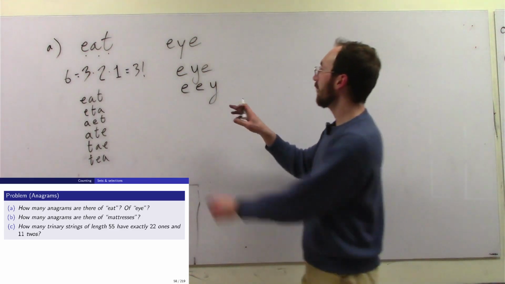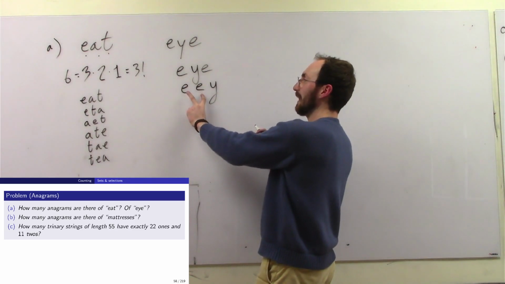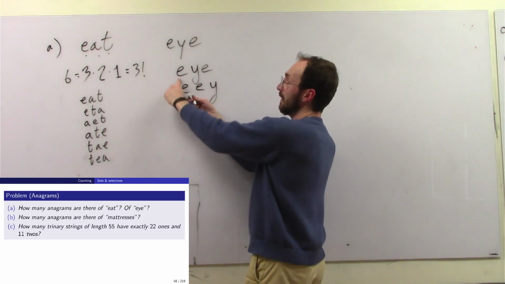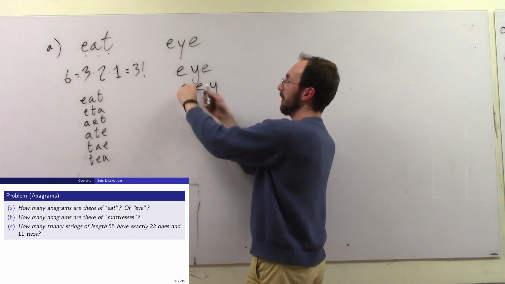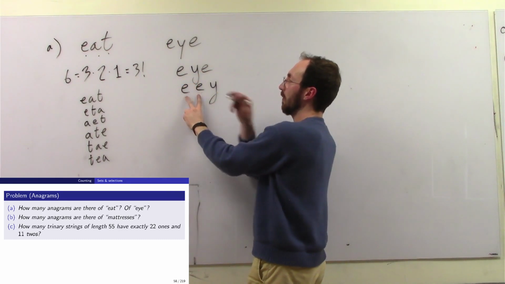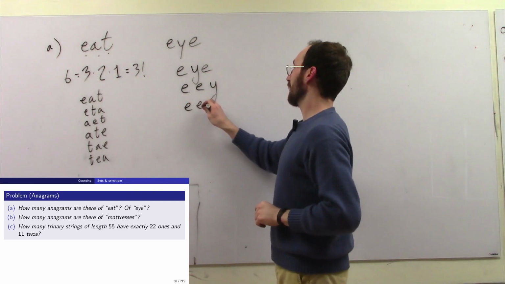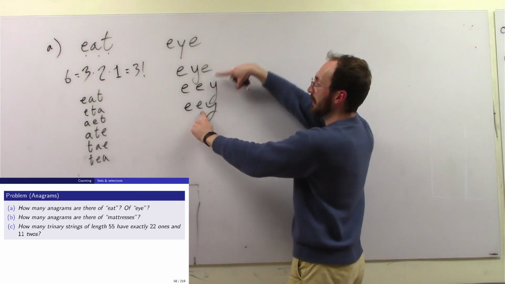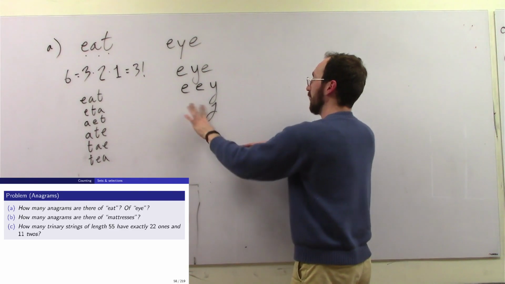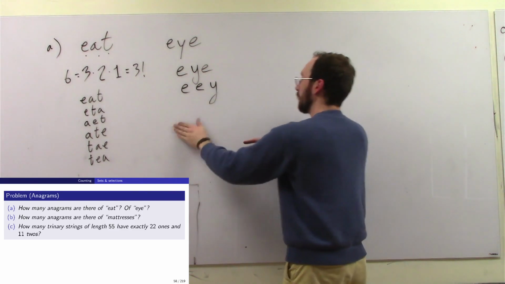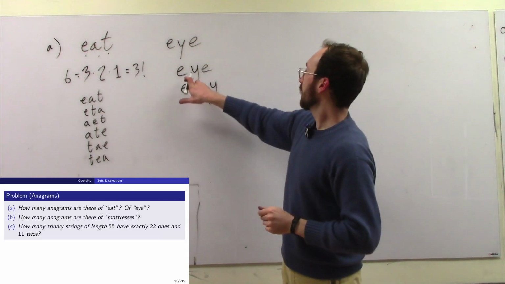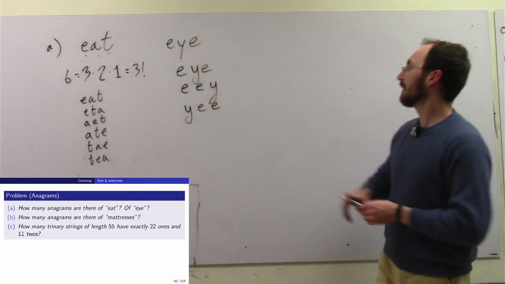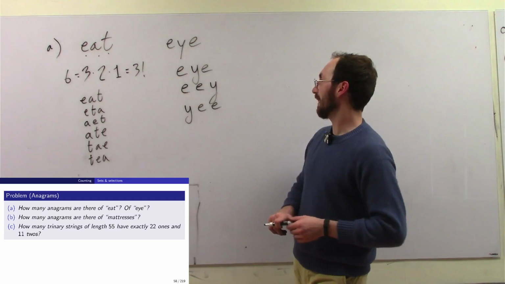Cool. Now, notice here, these two are not distinguishable. I could have thought of this as the first E from here, and this is the second E, but I haven't labeled it as such, so this is the same as doing this, even if this to me was the second E of eye, and this was the first E. So we want to make sure to indicate those are the same thing. Now, we have eey, and what else do we got? We got yee. Cool. And then I think that's it.